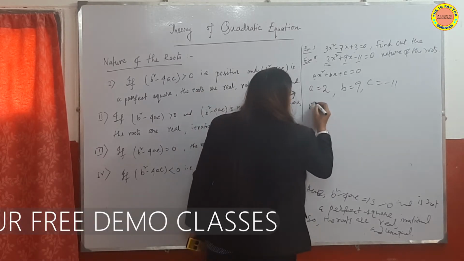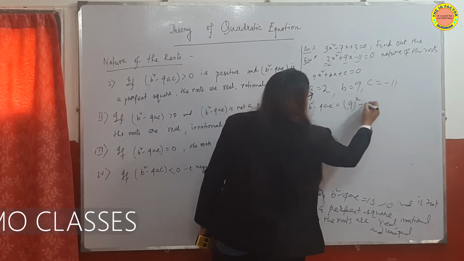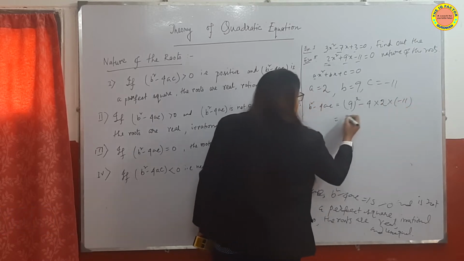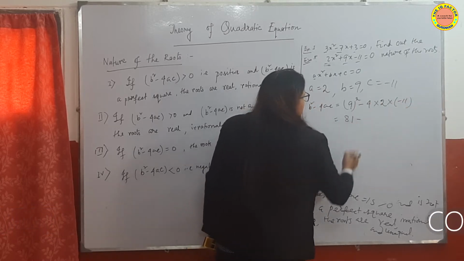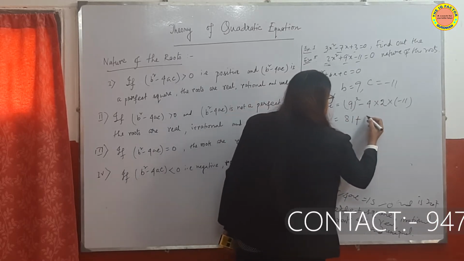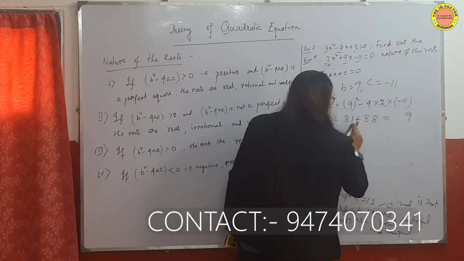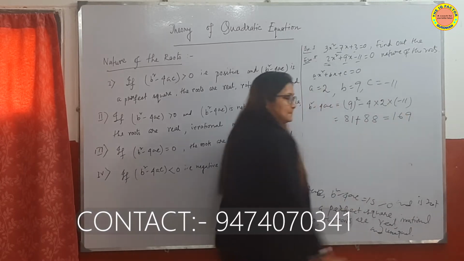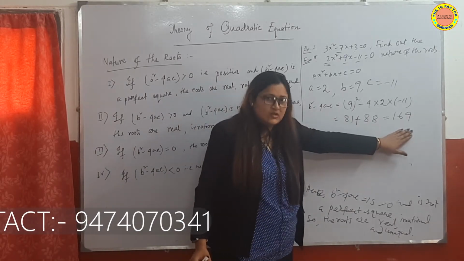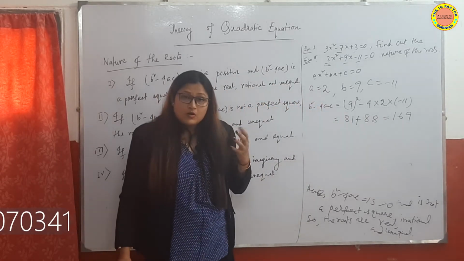The discriminant b square minus 4ac, which is 9 square minus 4 into 2 into minus 11, that is 81 plus 88, which is 169. So, b square minus 4ac is positive, 169. Now, we have to check whether it is a perfect square or not.